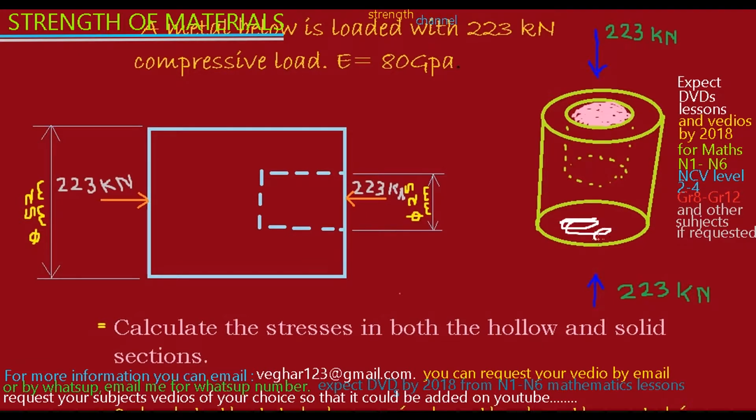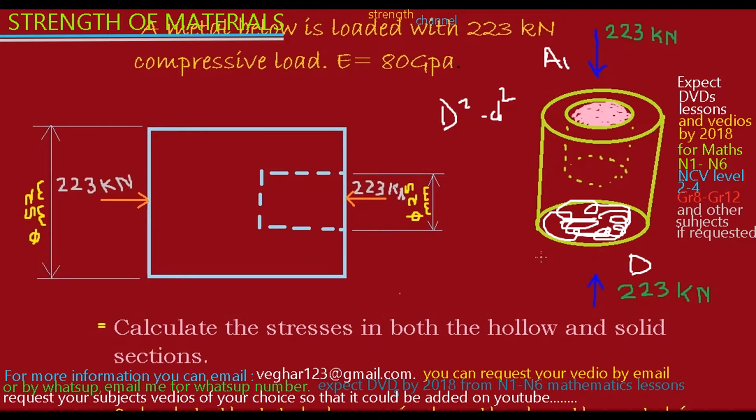So the area here is a full D, but the area here is D square minus d square, because it's hollow. There's a hollow, so the stress that acts in this direction and the stress that acts in this direction are not the same, because the area is not the same.